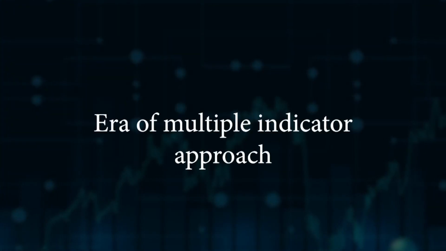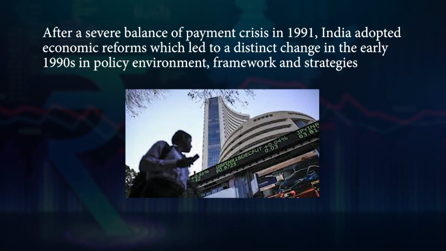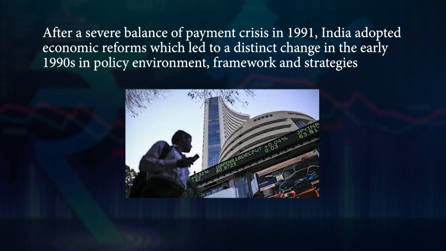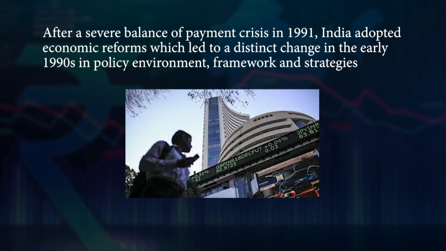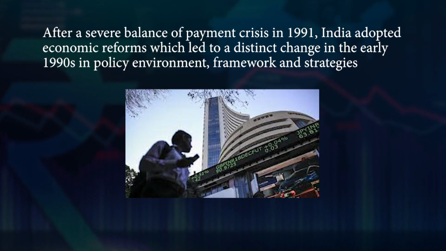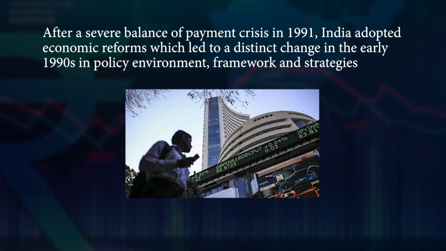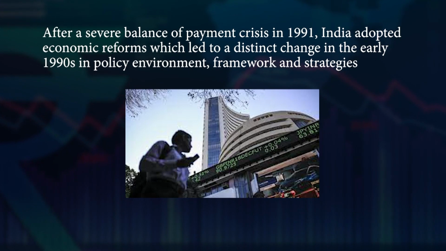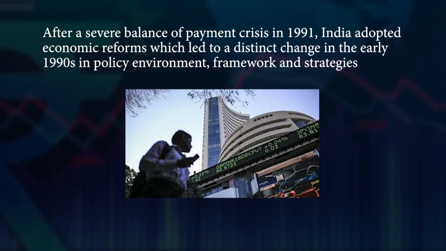In the end, the monetarist era eventually gave way to the next era of Indian monetary policy, the era of multiple indicator approach. After a severe balance of payment crisis in 1991, India adopted economic reforms which led to a distinct change in the early 1990s in its policy environment, framework, and strategies.